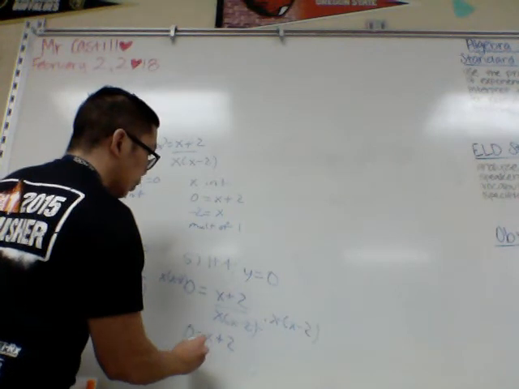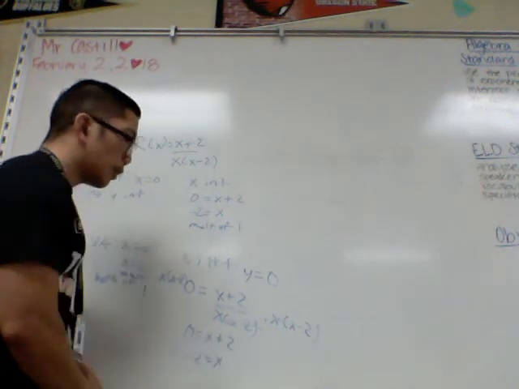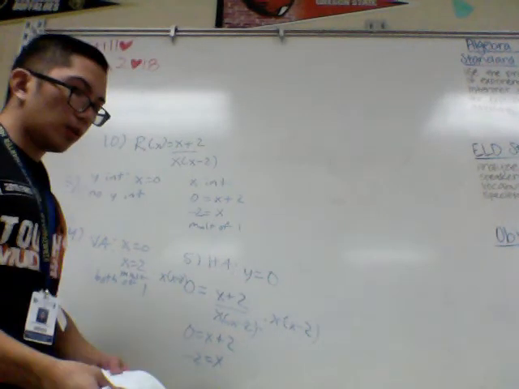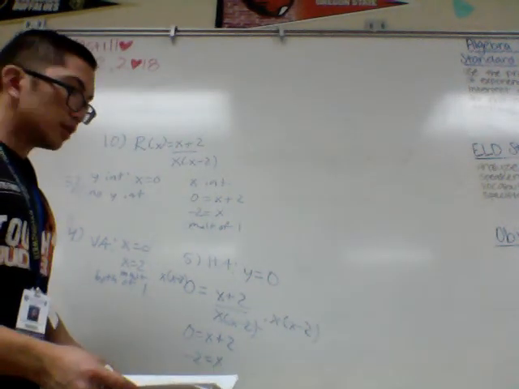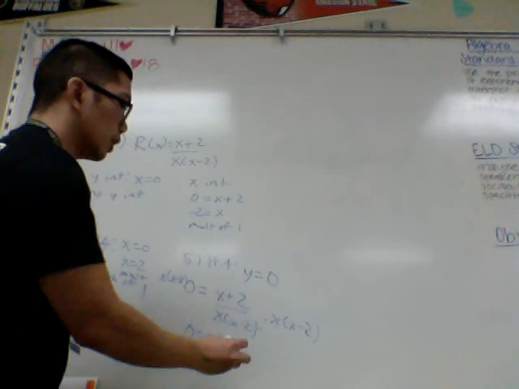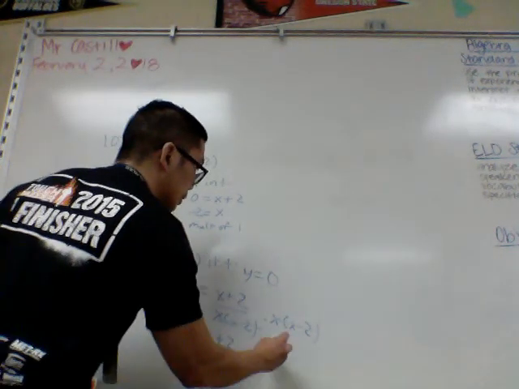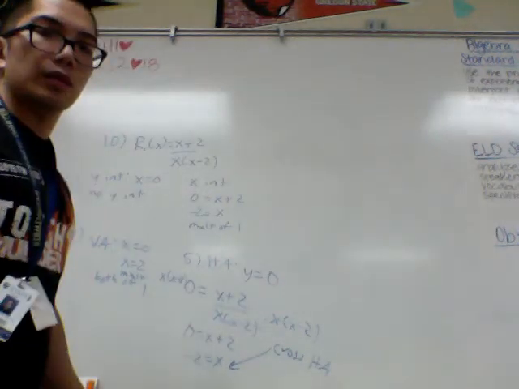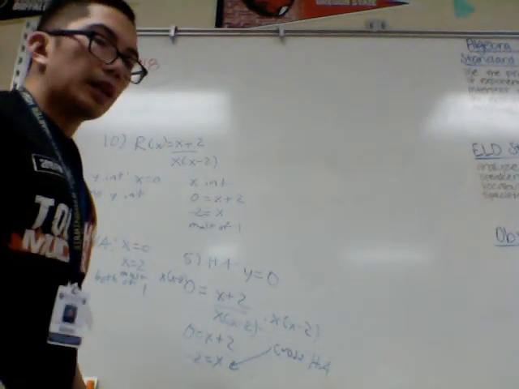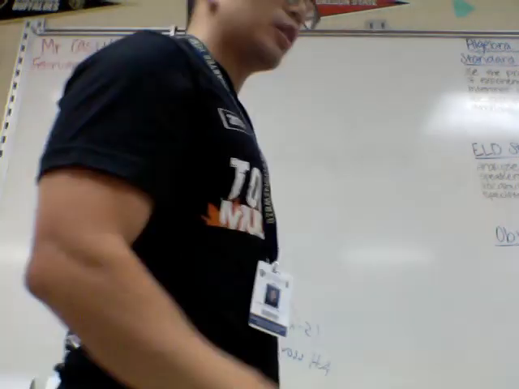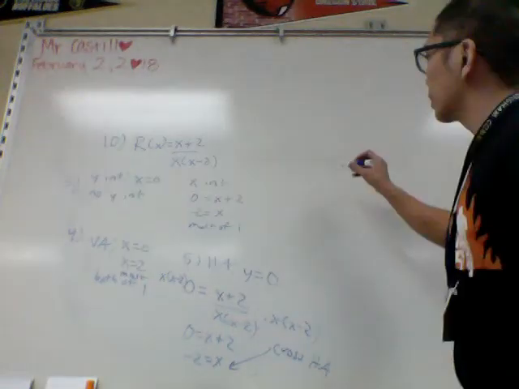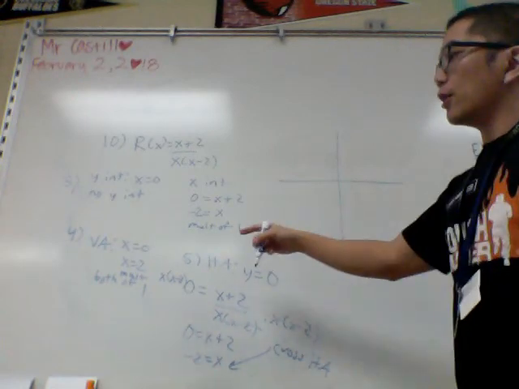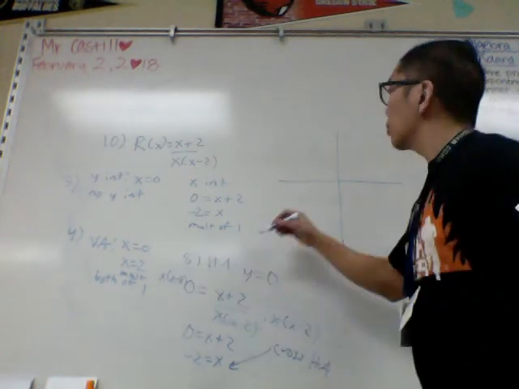And I know my graph will cross the horizontal asymptote at x equals negative 2. Okay. Now here comes the part where everyone is kind of struggling a little bit. Here's your graph. I know I have vertical asymptotes at 0 and at 2.